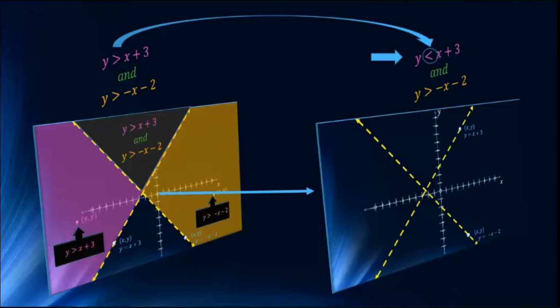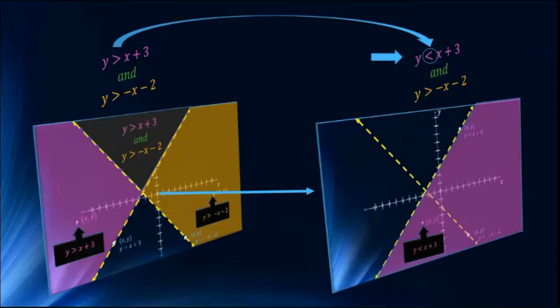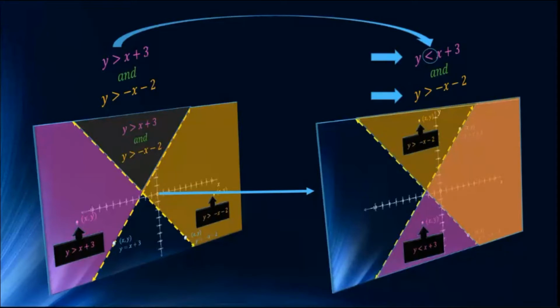When we graph y less than x plus 3, we shade below the related equation line rather than above. And when we graph y greater than a negative x minus 2, we shade above the line as before.